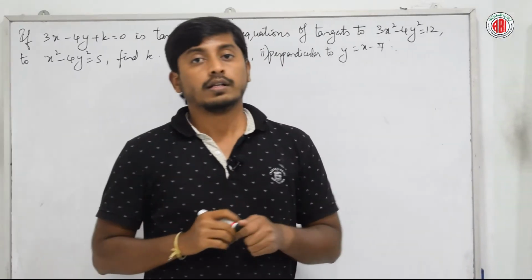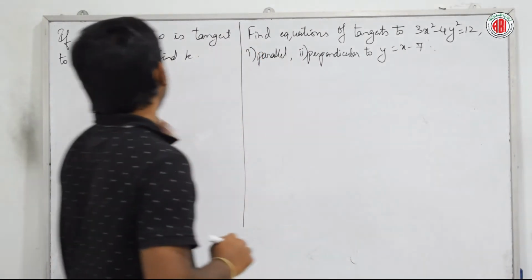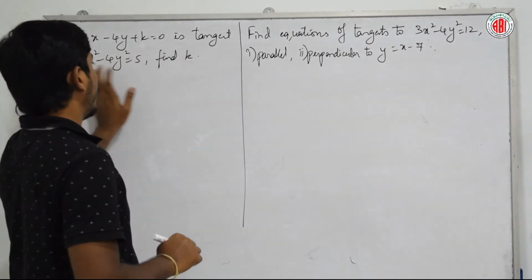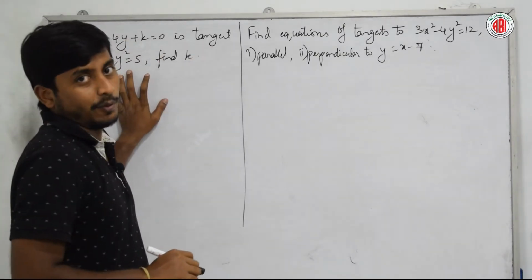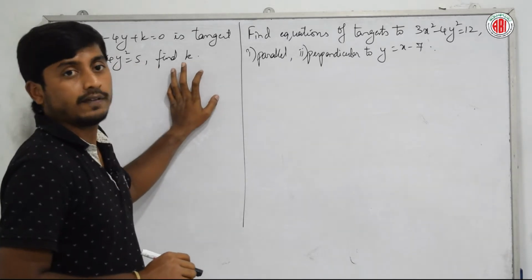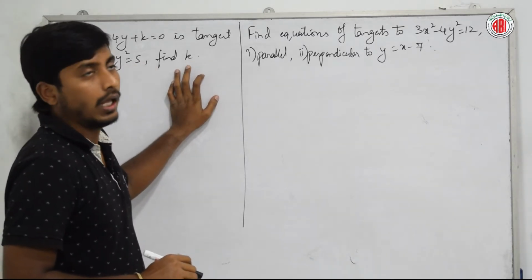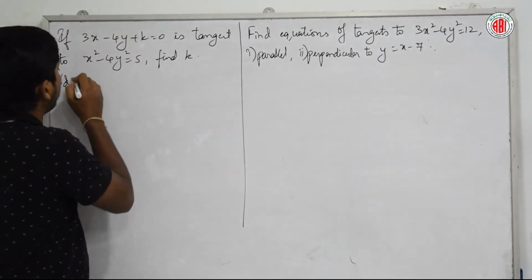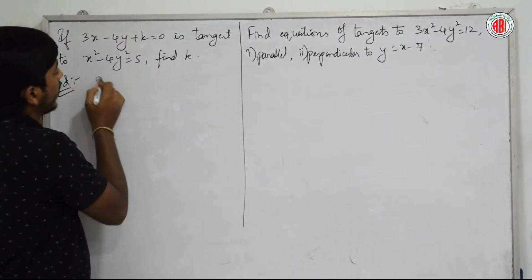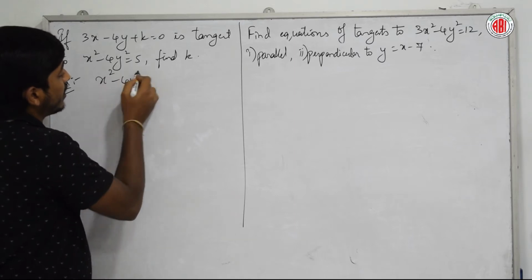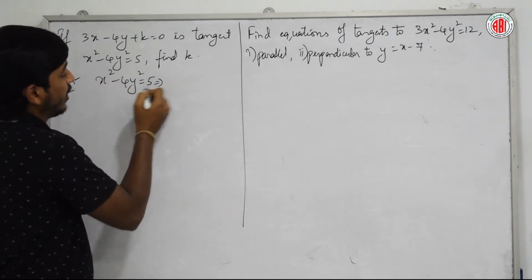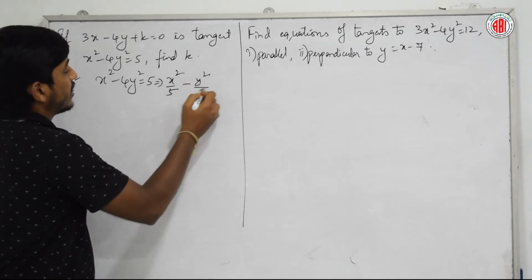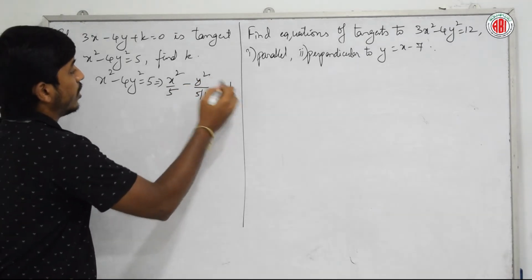Let's do. See here, the question is, if 3x minus 4y plus k equal to 0 is a tangent to this hyperbola, then he is asking us to find the value of k. Let me first convert both the things into standard form. x square minus 4y square is equal to 5 can be written as x square by 5 minus y square by 5 by 4 is equal to 1.